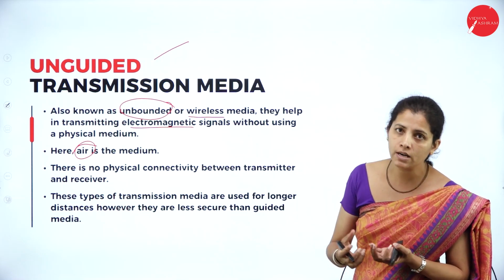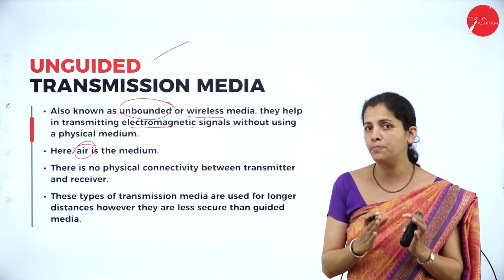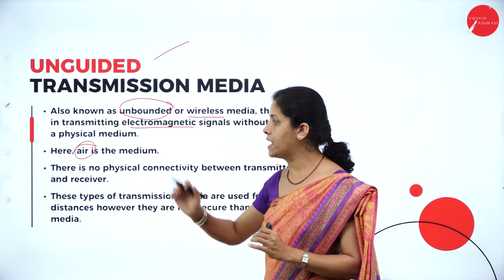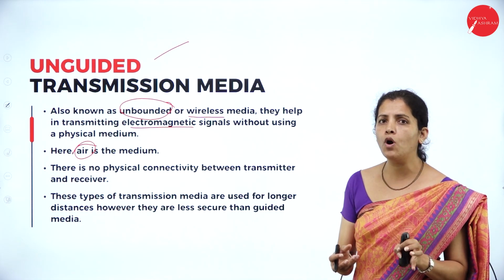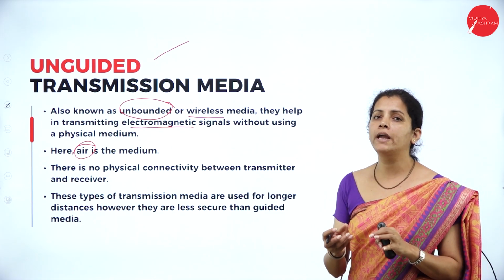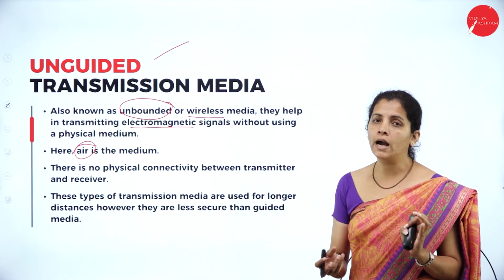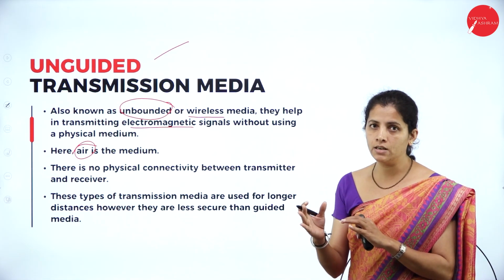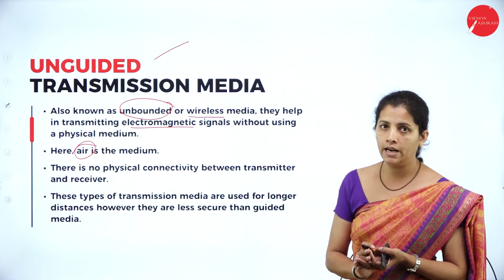And how am I going to transfer electromagnetic signals? That is throughout the free space. That's nothing but the air. So here there is no physical connectivity. In the sense what? I am not going to have any wires. Suppose I want to connect the sender to the receiver or the receiver to the sender, I don't have any physical connectivity.